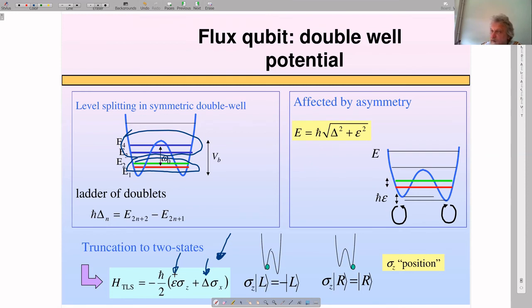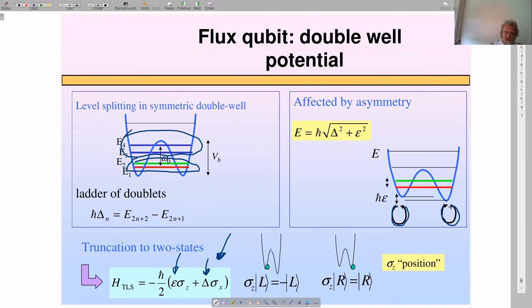What is important for visualization, these two states in different wells are related to different circulations of the current in the loop. You apply magnetic flux, and you induce circulating current in the superconducting loop.